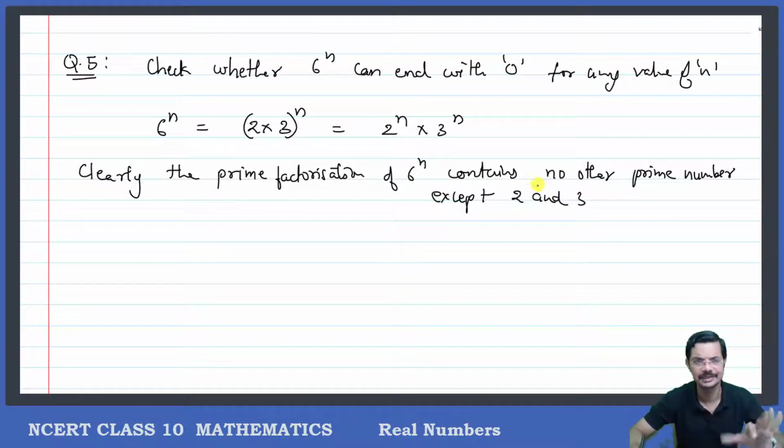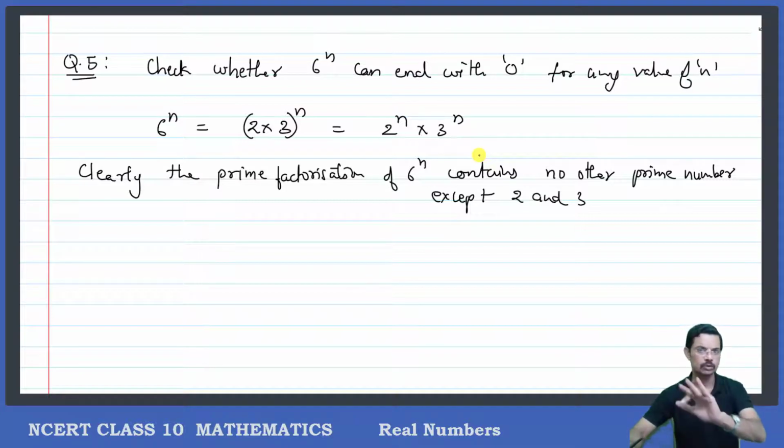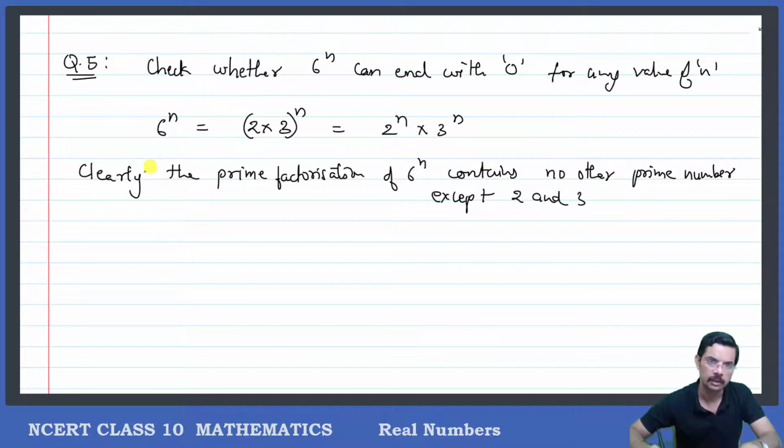You can write this sentence in any way. Okay, the prime factorization of 6 raised to n contains only 2 and 3 as prime factors. We can write like that also. The meaning should not change. You may form your own sentence.